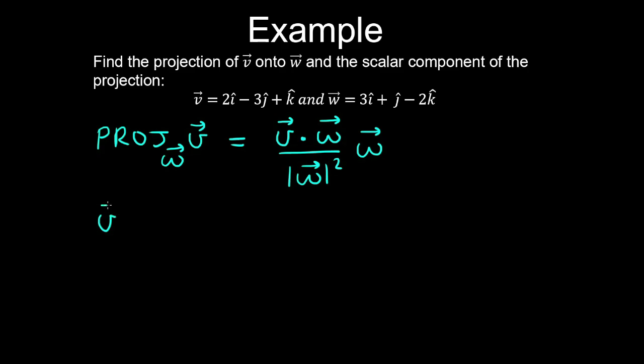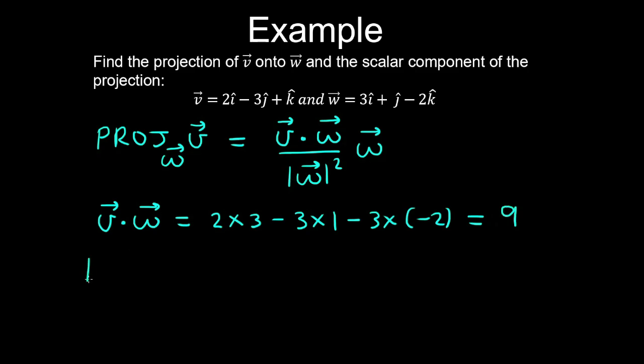So v dot w is obtained by multiplying the components of the two vectors and summing them together. So we have 2 by 3 minus 3 by 1 minus 3 by minus 2. So we have 6 minus 3 is 3, plus 6 is 9.